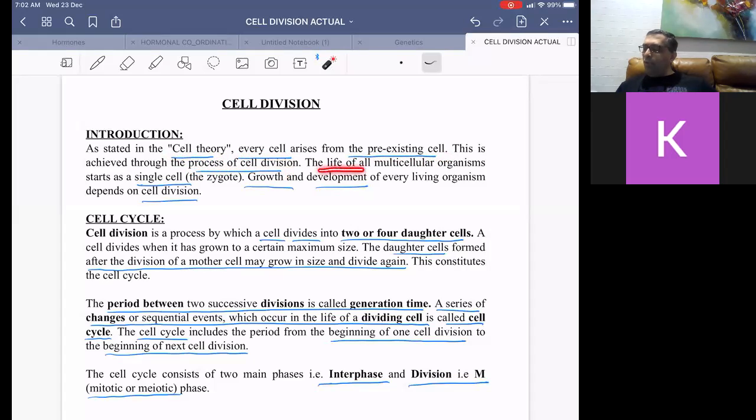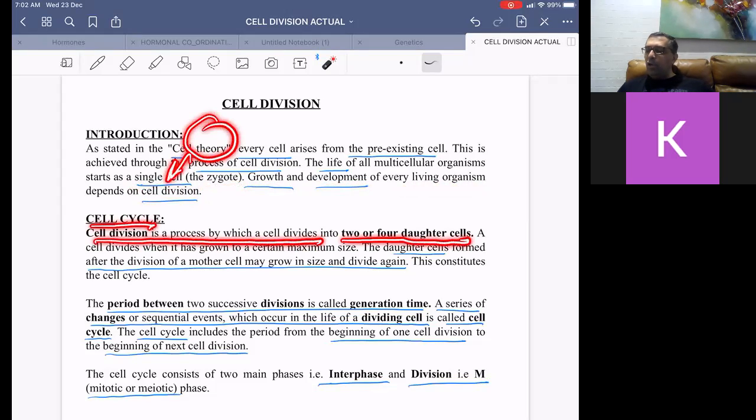The life of all multicellular organisms starts as a single cell called the zygote, and the zygote undergoes a series of continuous cell divisions, helping in growth and development of every living organism. And you have something called the cell cycle. Cell division is a process by which a cell divides into two or four daughter cells.